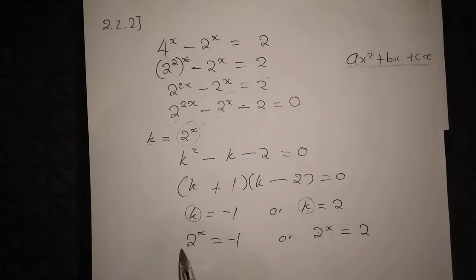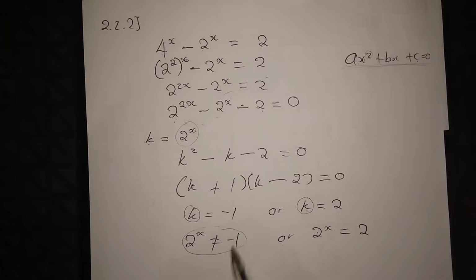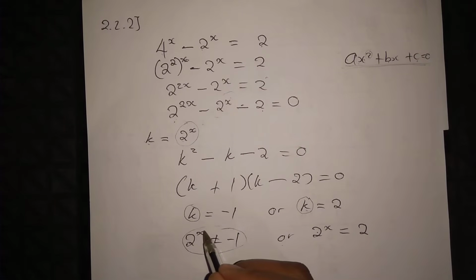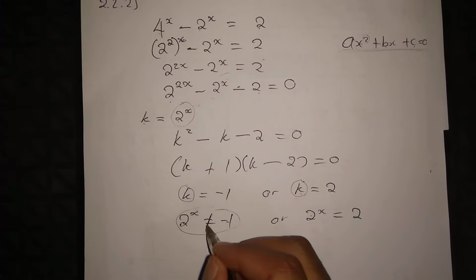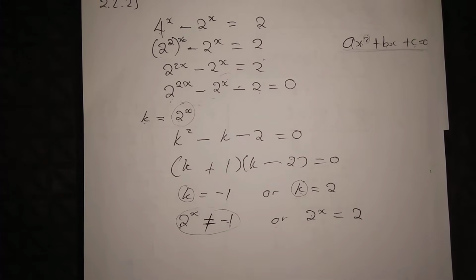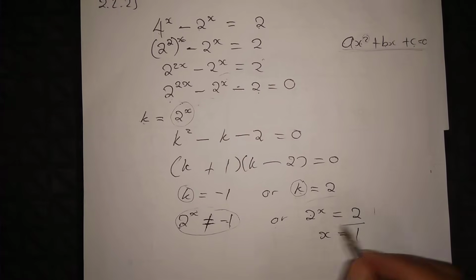So therefore this one is not a solution. 2 exponent x cannot be equal to minus 1, because for any value of x I substitute here, it will never give me a negative value. So therefore there's no solution for this one. For the other one we have a solution of x equal to 1.